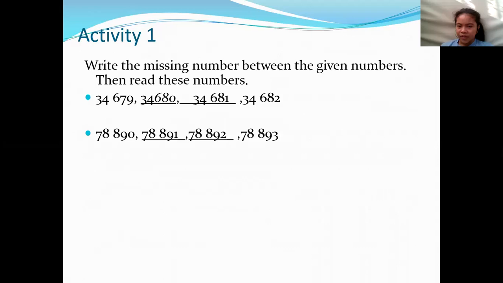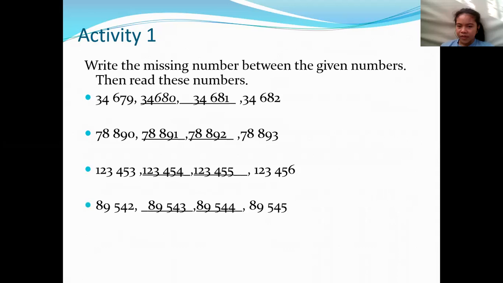Okay, next, 78,890. So the next two numbers are 78,891 and 78,892. Next, 123,453. The next numbers are 123,454 and 123,455. Next, 89,542.